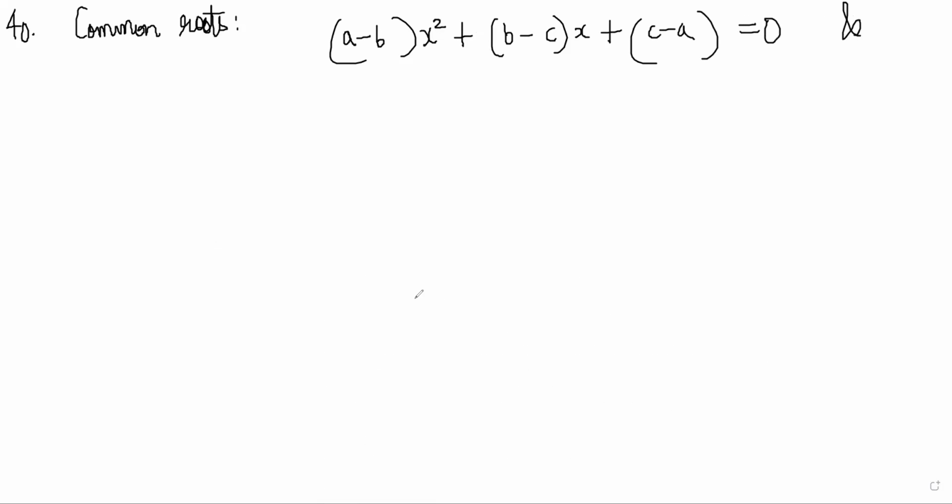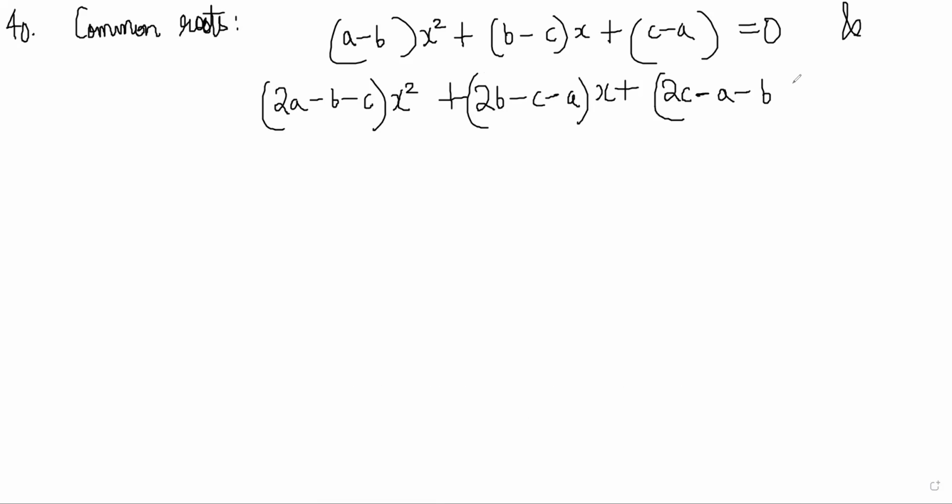Two quadratic equations are given. The first is (a - b)x² + (b - c)x + (c - a) = 0, and the second is (2a - b - c)x² + (2b - c - a)x + (2c - a - b) = 0. Apparently, these two quadratics have one common root.